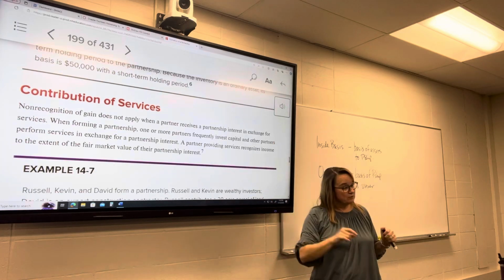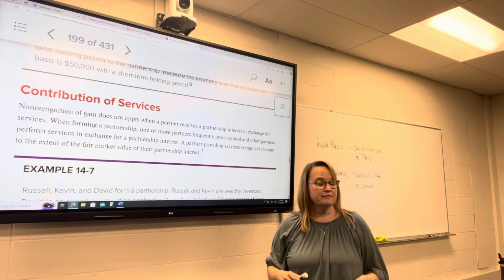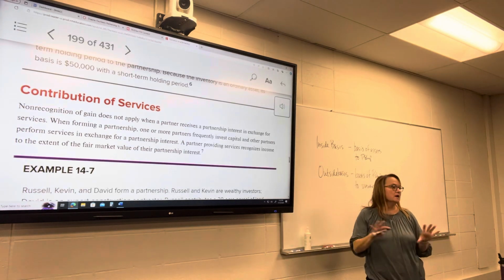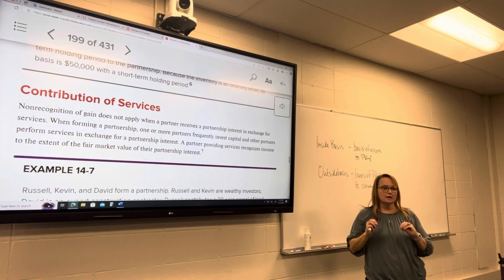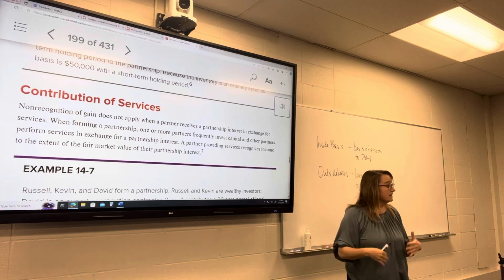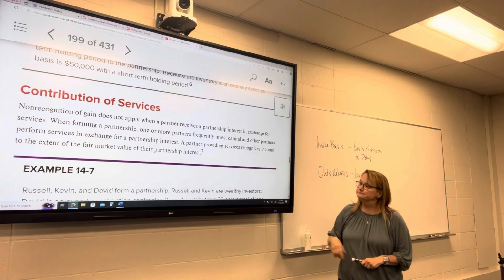However, it's possible if a partner contributes services that there is a taxable event that occurs. So it's one of those rare areas where there could be a taxable event meaning that the partner is going to have to pay tax at that point.